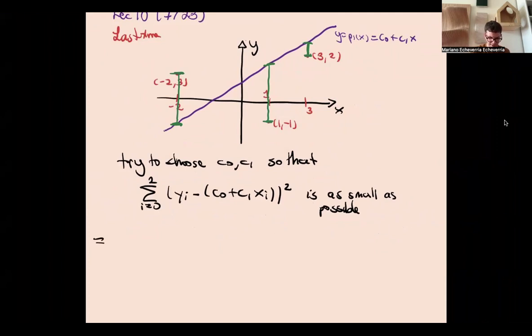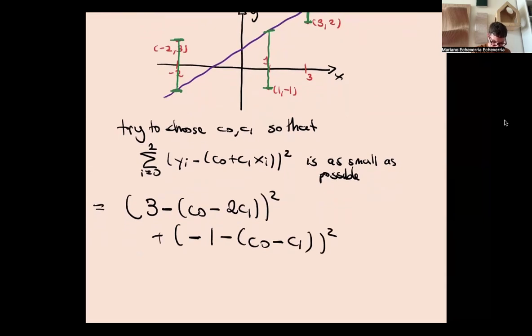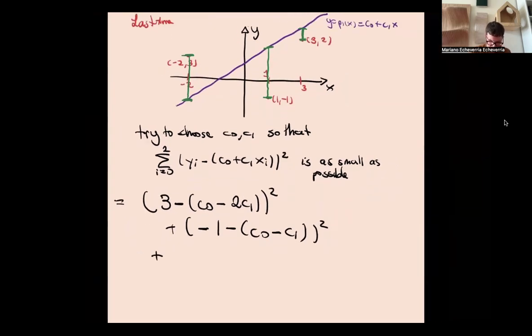If you expand all of this out, the first y value is 3, so it would be (3 minus (C0 plus C1 x1)), so minus 2 C1, squared, plus the next y value, -1, so (-1 minus C0 minus C1) squared, and the next value would be 2 for y, so (2 minus (C0 plus 3 C1)) squared.